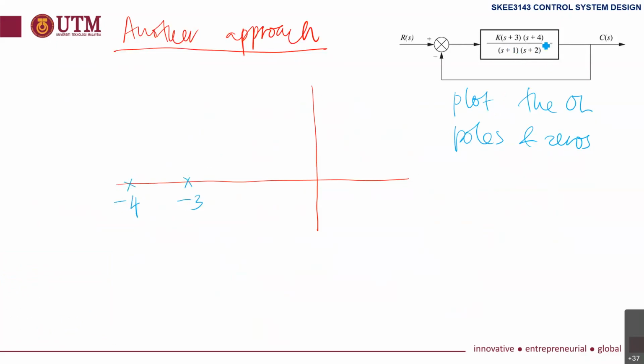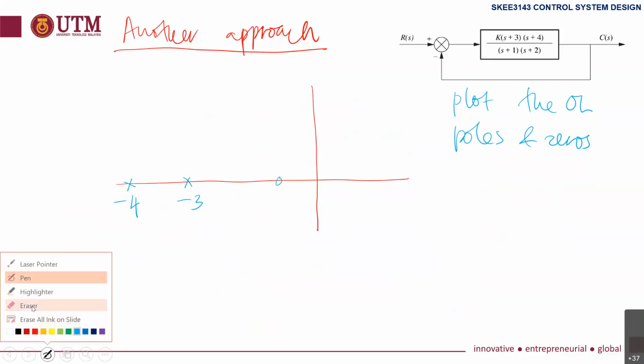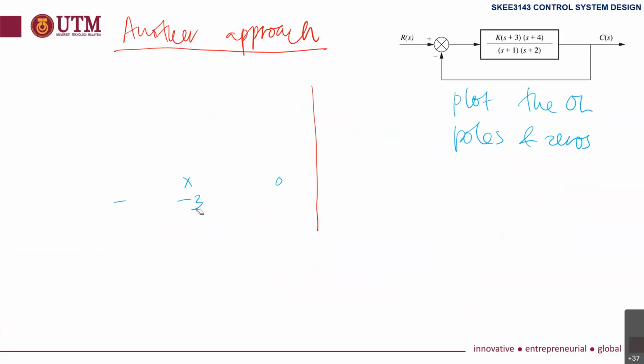We're solving the numerator, and we have, sorry, I made a mistake. This should be a zero. We have poles at minus 1, minus 2, zeros at minus 3 and minus 4.